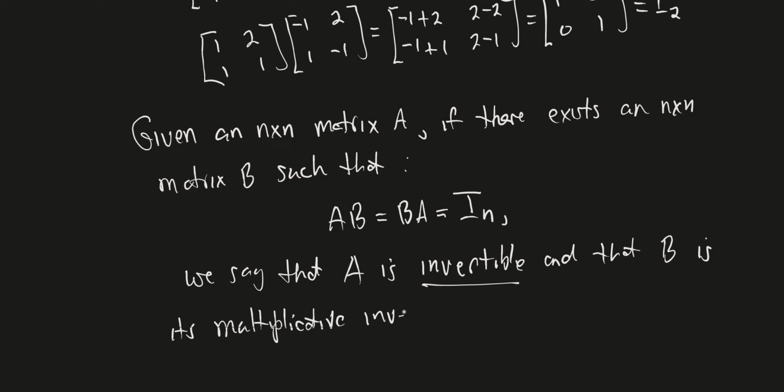And we even have a special notation for it. Of course we do, right? We have a notation for everything. We have a notation for notation. So that is its multiplicative inverse, and here's the notation for B.